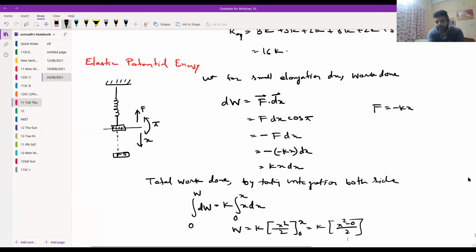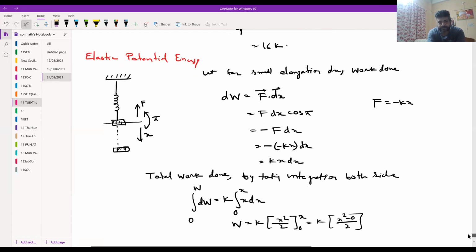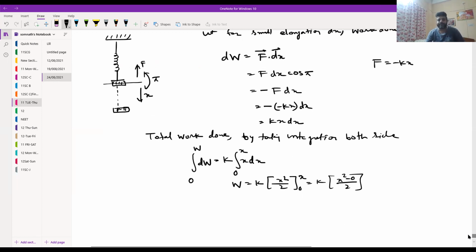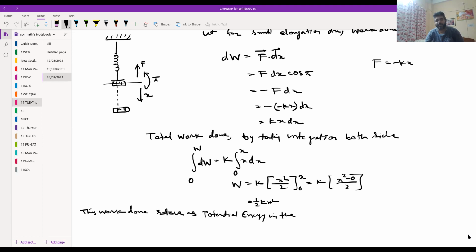So what happened? Half kx square. So we can write this work done is stored as potential energy in the spring. So potential energy, which is represented by the symbol U, that is half kx square. Yes or no?